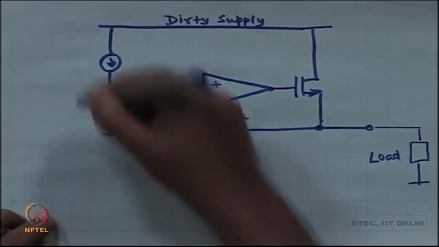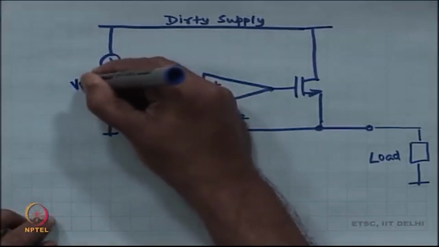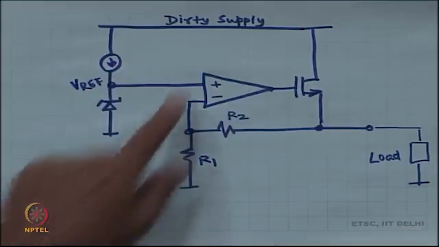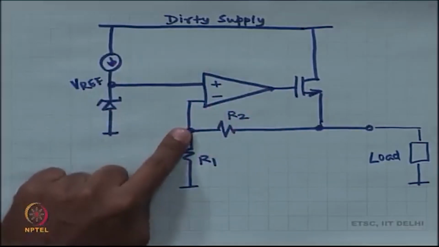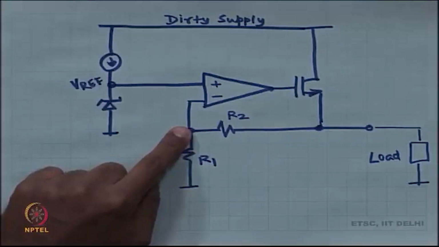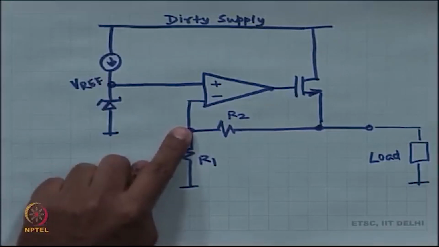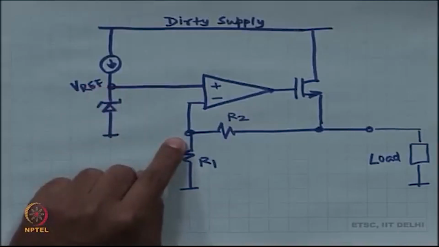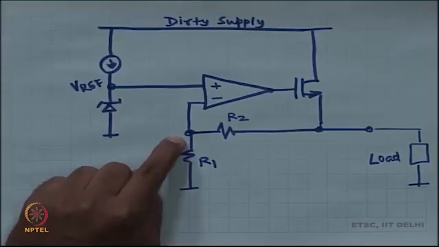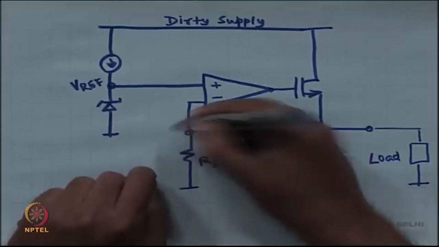If you call this Vref, then the op amp will make sure that the feedback voltage, the voltage at the minus terminal, is also Vref, as long as there is negative feedback around the op amp.